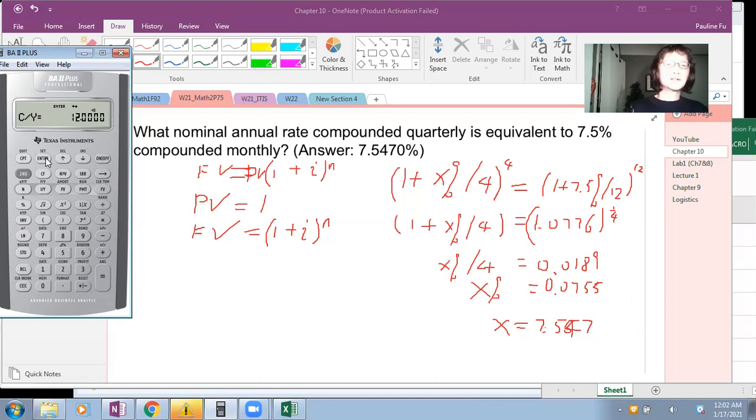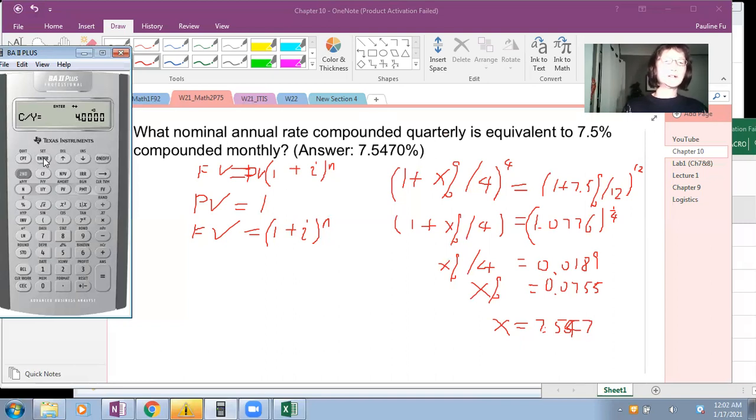Okay, up arrow again, you have an effective rate, press CPT compute. Okay, and then click down arrow key. This time, CY refers to compounded quarterly. Compounded quarterly, this CY is 4.